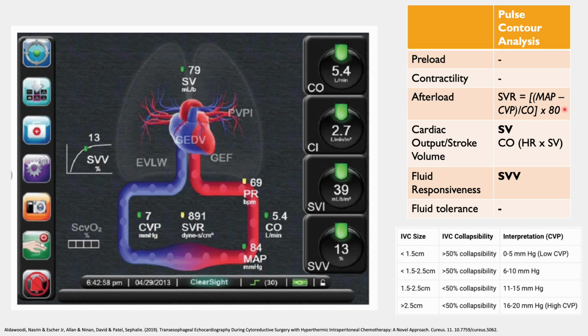Hence, a CVP value can either be obtained via a central venous catheter measurement or can potentially be estimated based on IVC ultrasound as shown in this table here, where gross estimates can be derived. With these values, the impact of fluid therapy, vasotherapy, and inotropic therapy can hence be monitored.